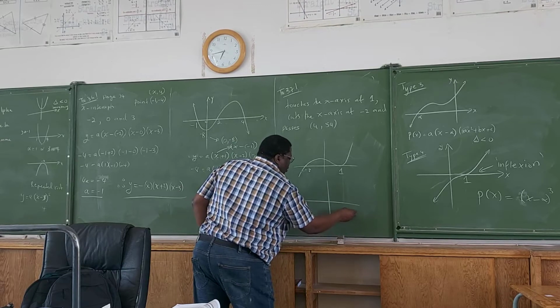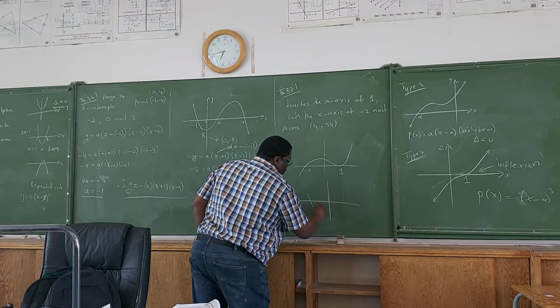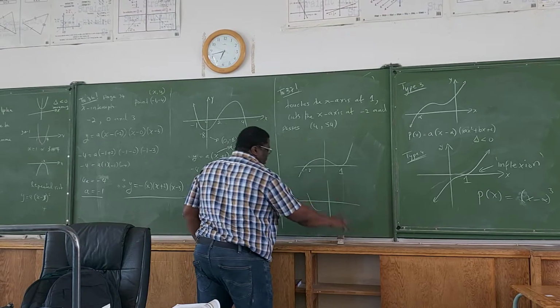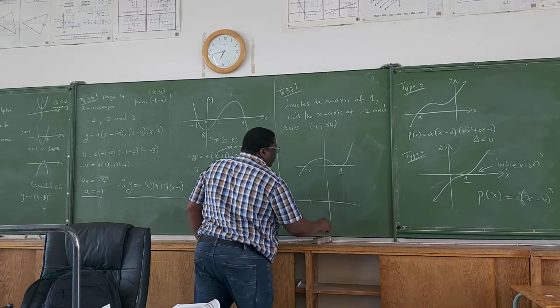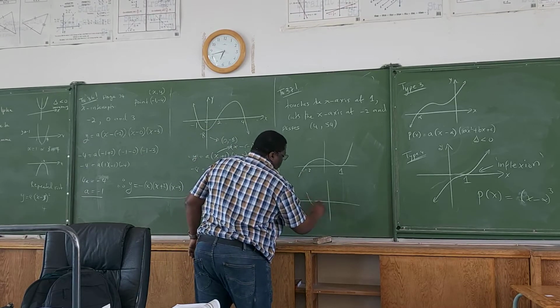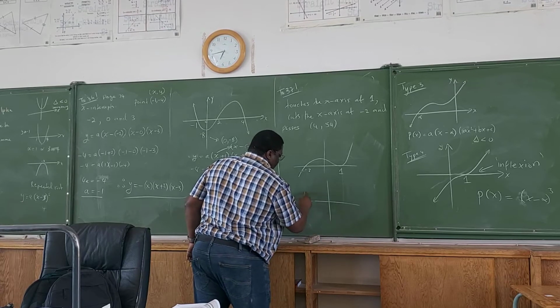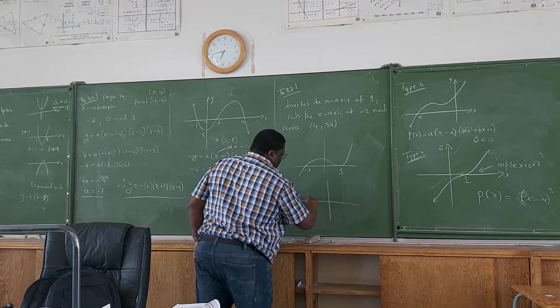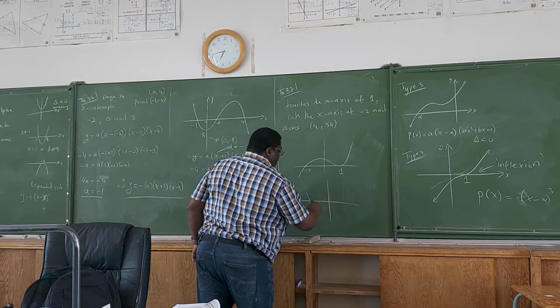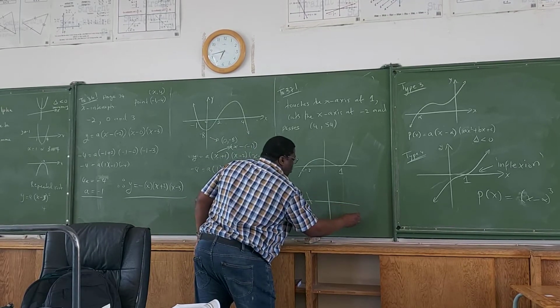Remember, you can also have those that go from here. Okay, how does it go? It touches at 1, and it cuts at negative 2. If it touches under, it goes the other direction, right?